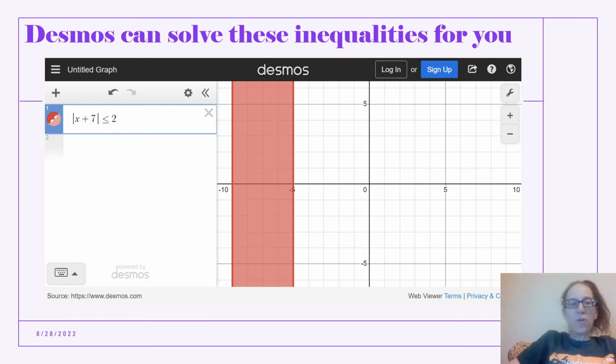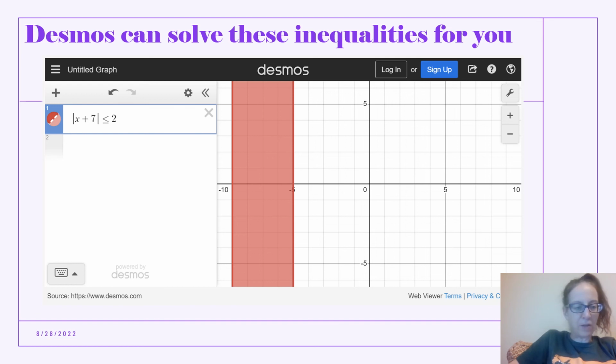Okay, so here we have the Desmos calculator, and I'm going to put in the inequality that we just did. So the absolute value of x plus 7, and then I'll have to do a right click to get out, and then we were doing is less than or equal to 2.